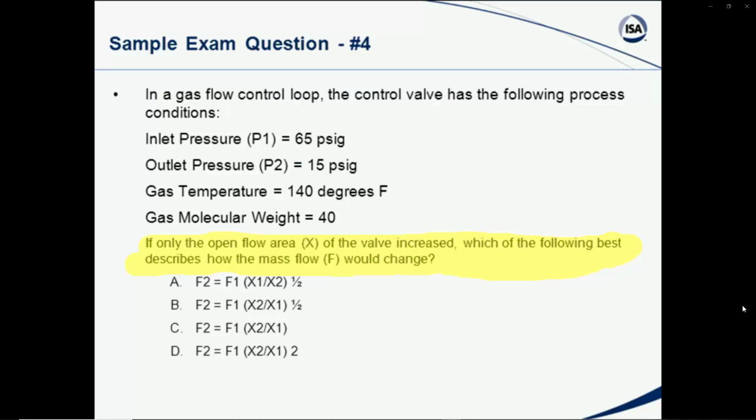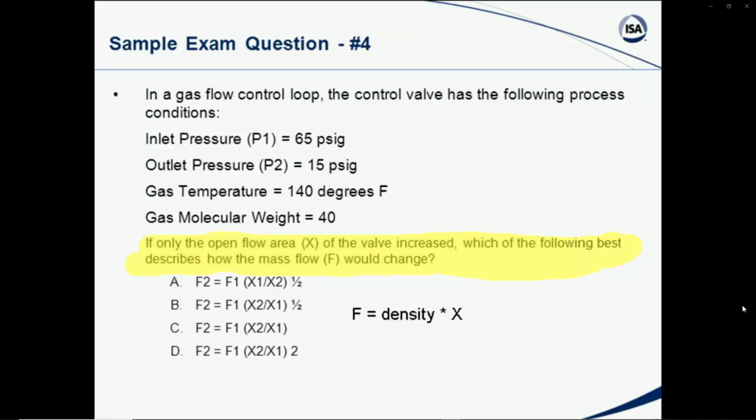This is purely theoretical. It couldn't exactly happen this way, but that's beside the point. We do know that our mass flow would be equal to our density of our material times the area.